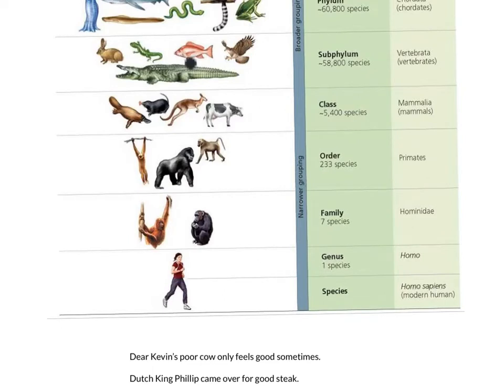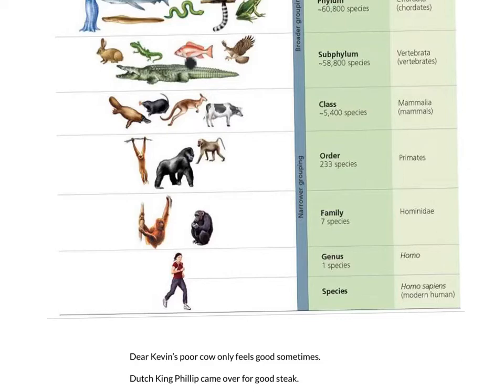So you can see that when it gets down to genus and species, human beings are Homo sapiens. You might have heard that phrase used before to describe human beings. Every creature has a scientific name. So generally speaking, we're called humans, but technically our scientific name would be Homo sapiens.